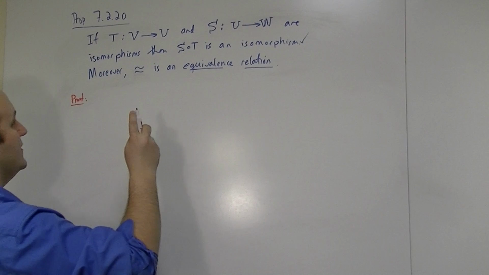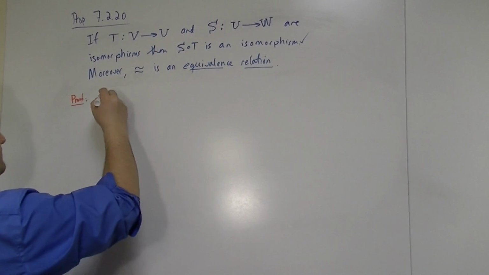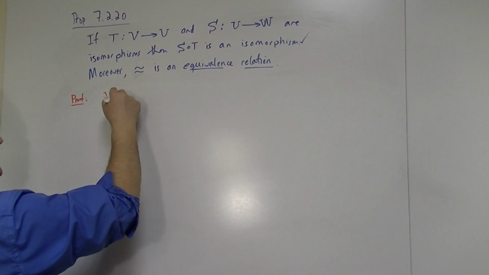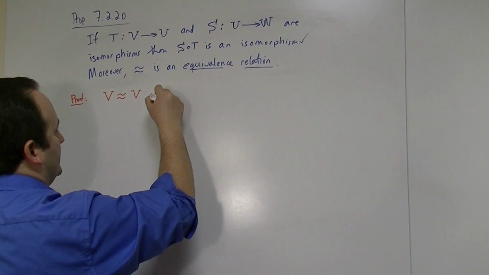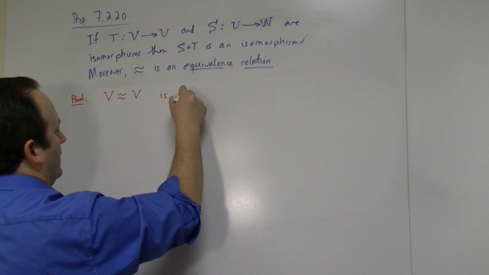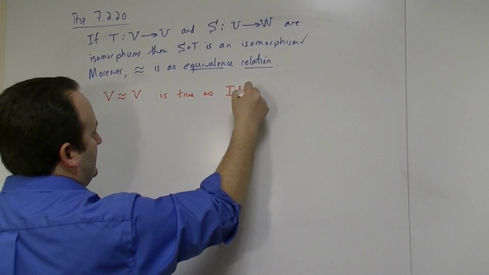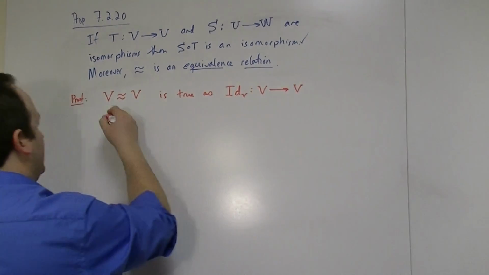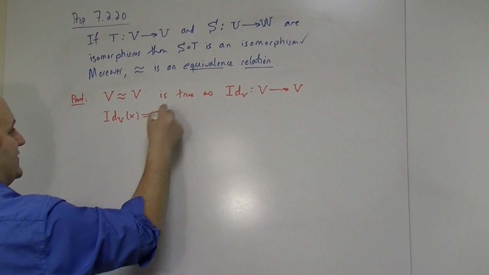Okay, so equivalence relation. What does it take to show equivalence relation? First of all, I have to show that a vector space is isomorphic to itself. So how can I show that? You can look at the identity transformation, id v, mapping from v to v. id v of x is just equal to x for all x in v.